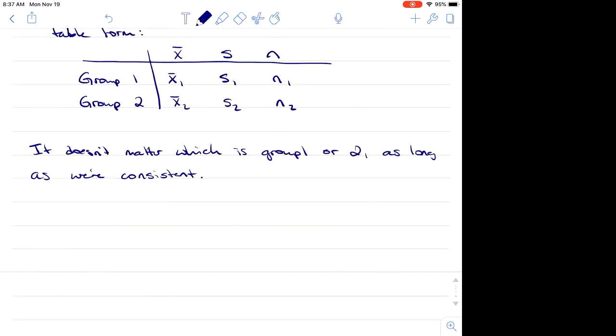So we want to compare, how does the mean of group 1 compare to the mean of group 2?